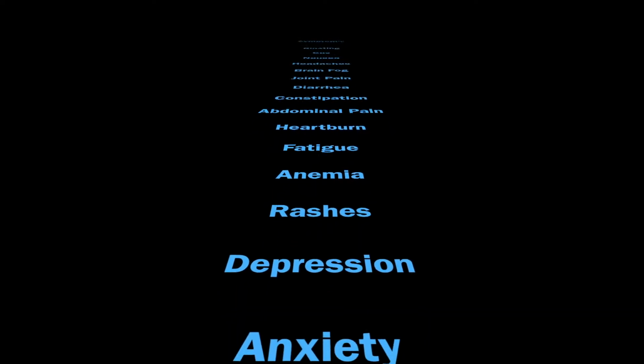Greater scale systemic responses include diarrhea or constipation, abdominal pain and/or heartburn, fatigue, anemia, rashes, depression, and anxiety. On the other end of the spectrum, some individuals don't present symptoms, but that doesn't mean they are not having a gluten response. The only fix for all of these symptoms is a gluten-free diet.